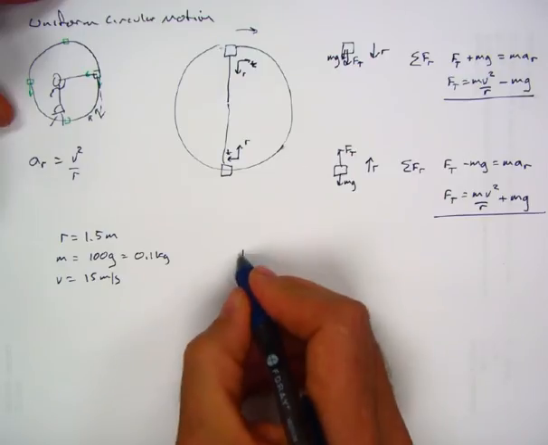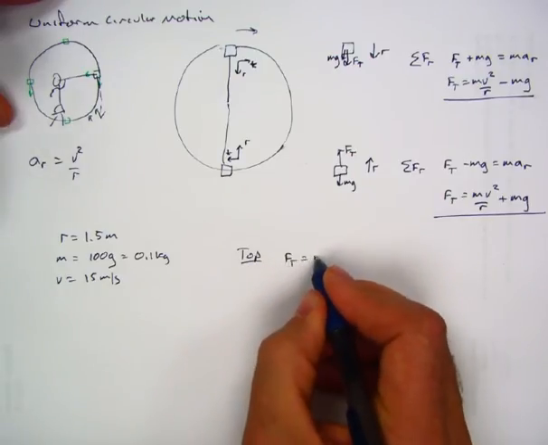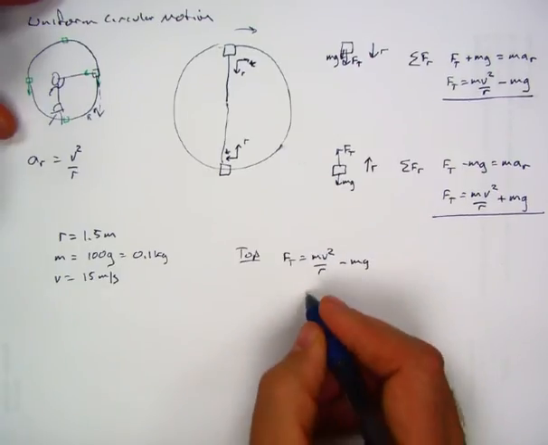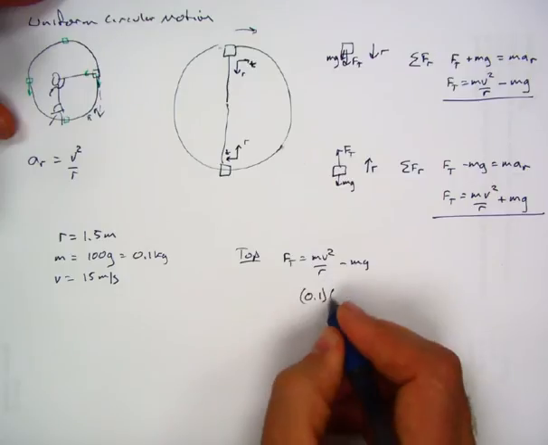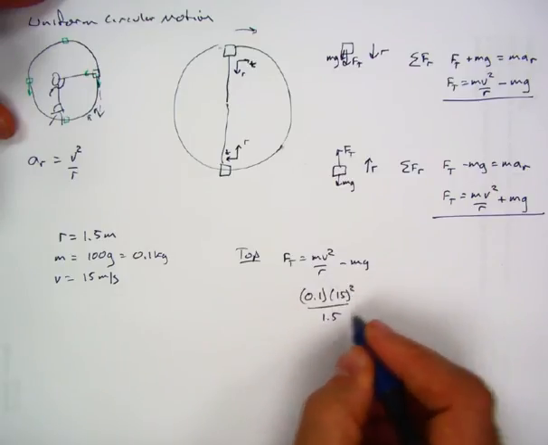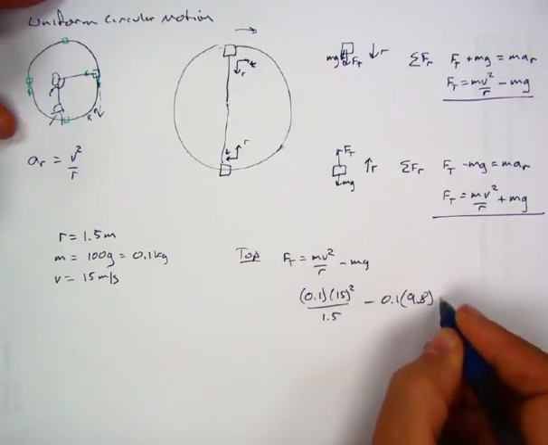So let's just figure out at the top, force of tension equals mv squared over r minus mg. So it's going to be 0.1 times 15 squared over 1.5 minus 0.1 times 9.8, right?